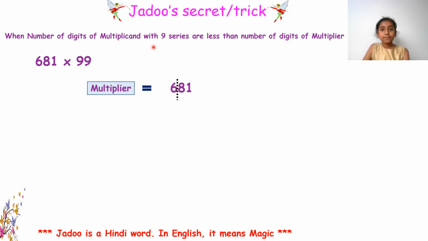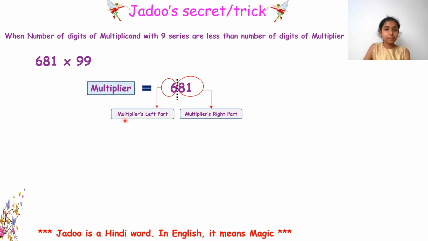Divider line depends on the multiplicand's digits. Here, multiplicand has 2 digits, so I put a divider line after 2 digits. Keep in mind, you have to always count digits from right. This is multiplier's right part and this is multiplier's left part.